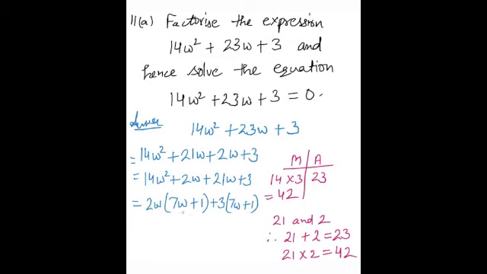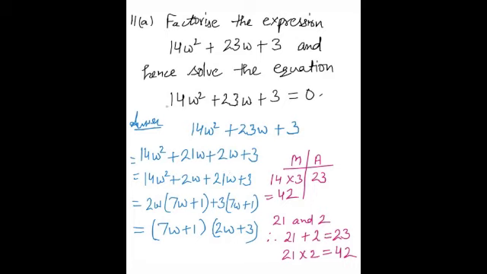So now you can see similarity here, 7w plus 1, 7w plus 1, and in order to do factorization we know we need only one. So 7w plus 1 is the first factor, and the second factor is 2w plus 3, the common ones. So this is how we do factorization.